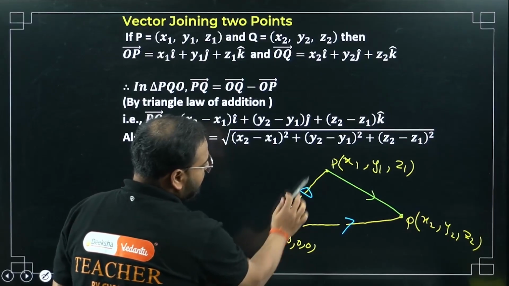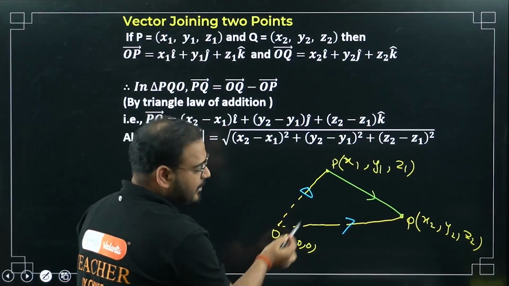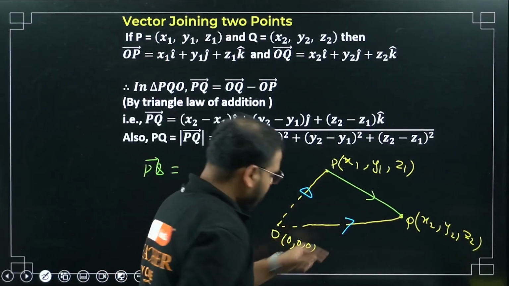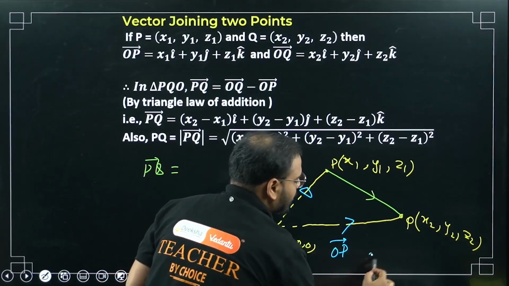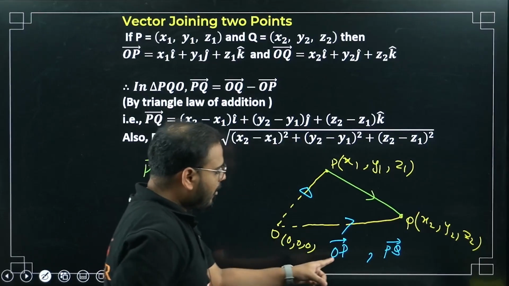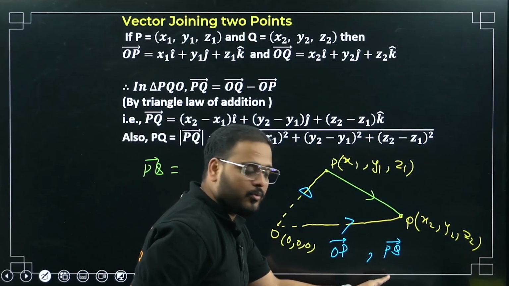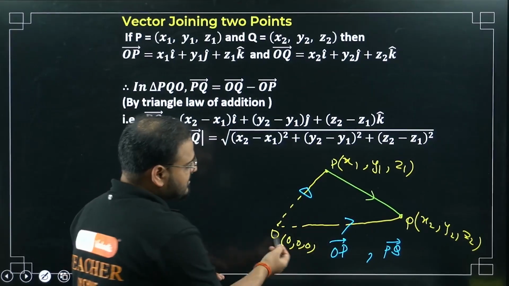For vector OP and vector PQ, the terminal point of vector OP is the same as the initial point of vector PQ. It means the triangle law will be valid over here, and this is the resultant OQ.